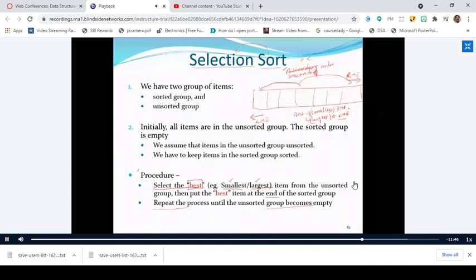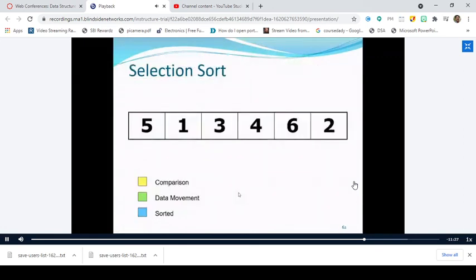And this particular step, selection of best element and placing it at one end of the array, is to be repeated n number of times until all the elements get sorted. Is it clear? Yes, sir. Right. So now we have some six elements. These are the list of elements that are given.